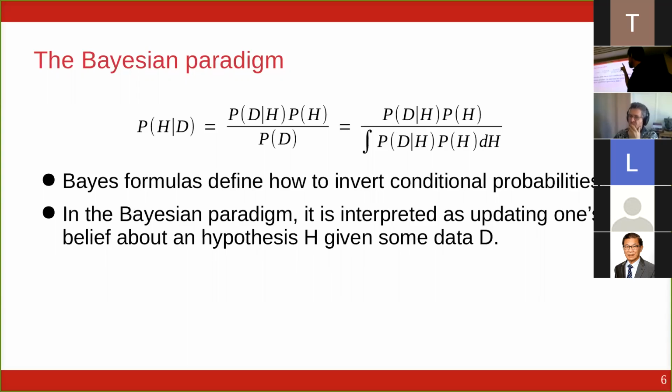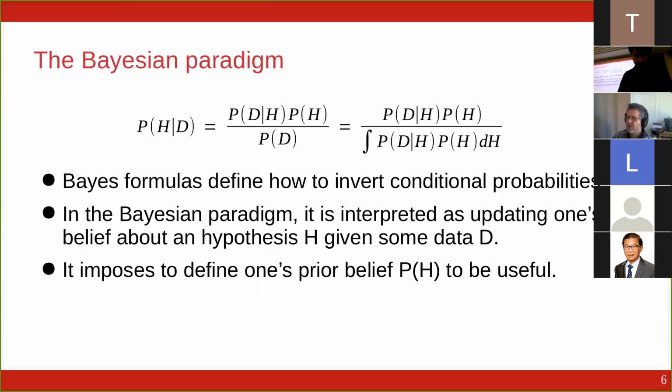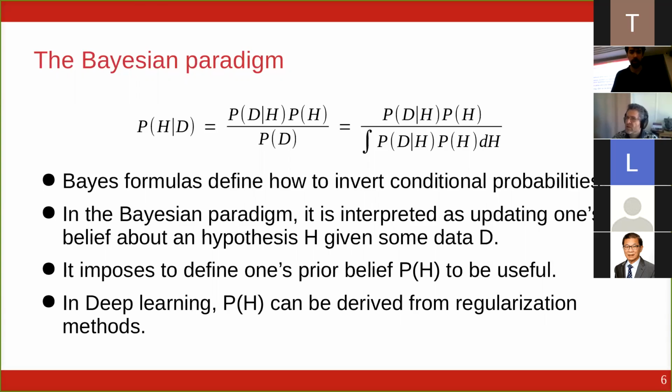And if one can also define a prior probability for the parameterization, then using Bayes' formula, it's possible to find directly the probability of the network parameterization given the training set. But you have to define that prior belief to get something useful. In deep learning, this is usually done by deriving the prior from regularization methods. I will show that later on.